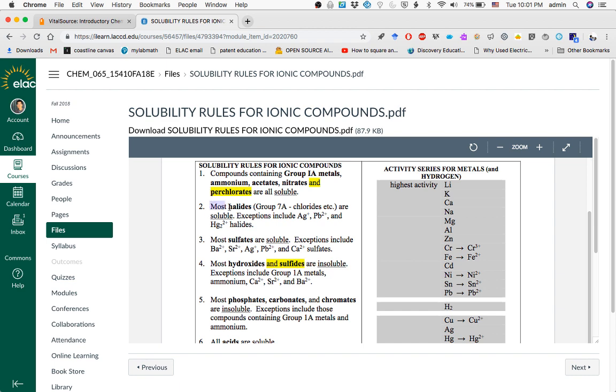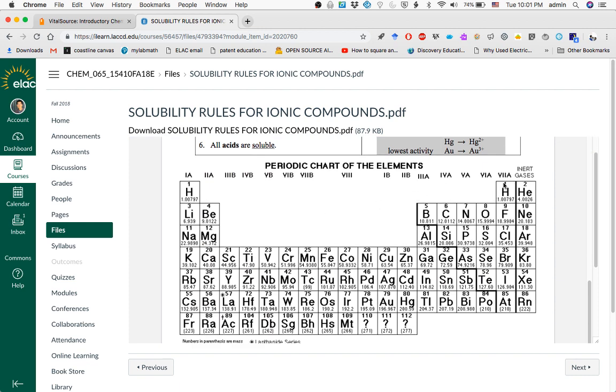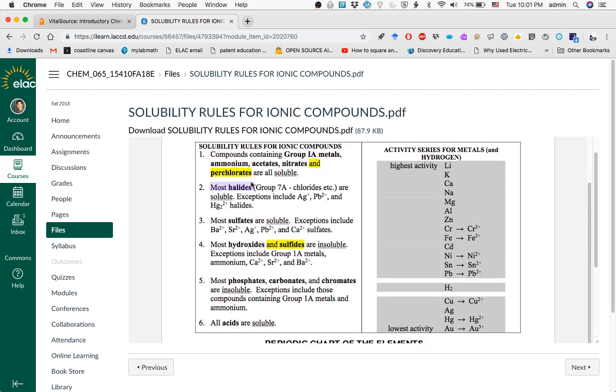Most halides. Now halides are group 7A. These are called halides because these are halogens, except for H. When they become negative ions, they are called halides, like fluoride, chloride, bromide, iodide. So most halides are soluble.